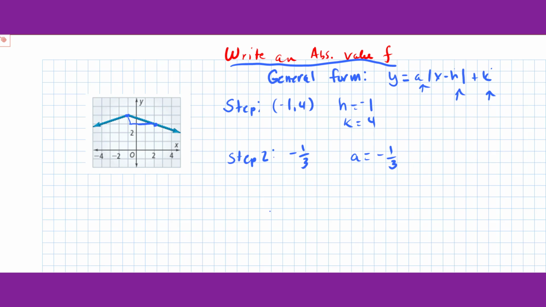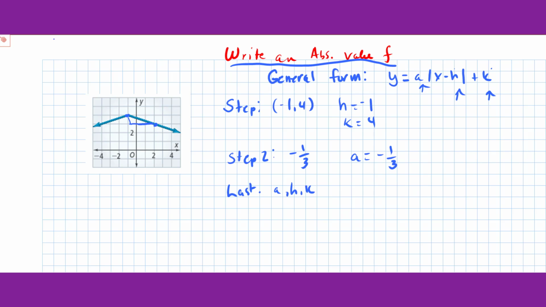So now all I've got to do is substitute those values to get my equation. We're going to substitute the values of a, h, and k into the general form of the absolute value equation.